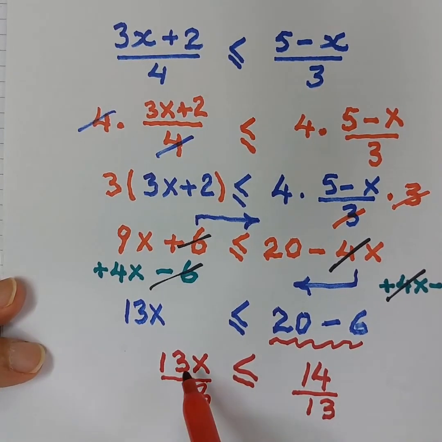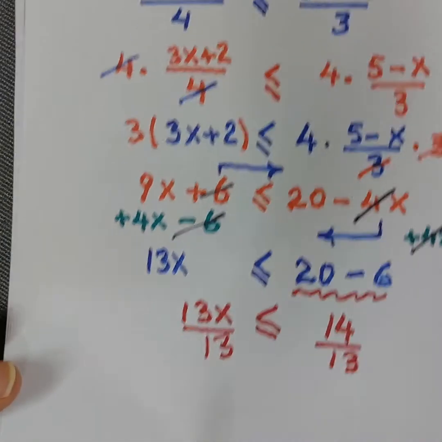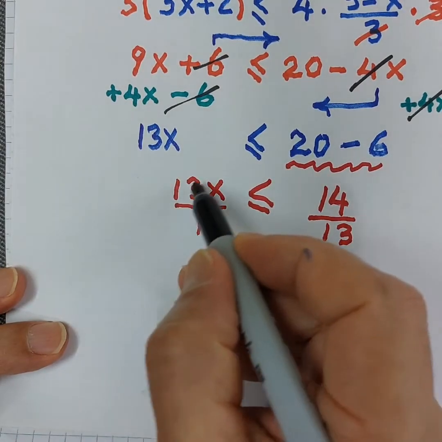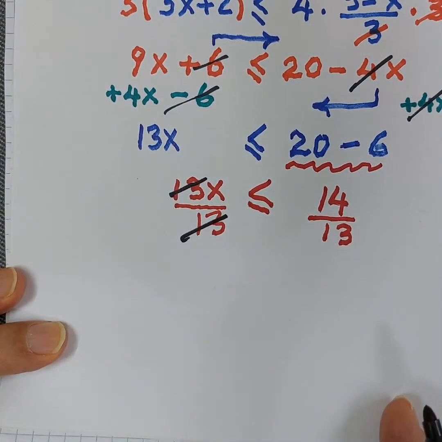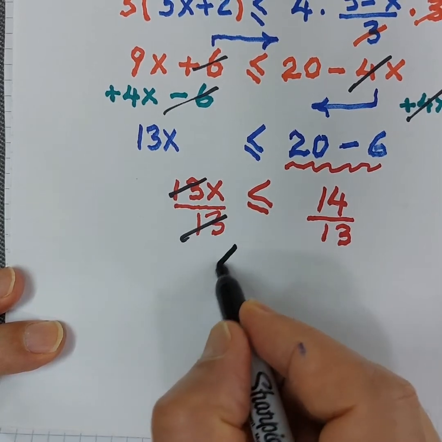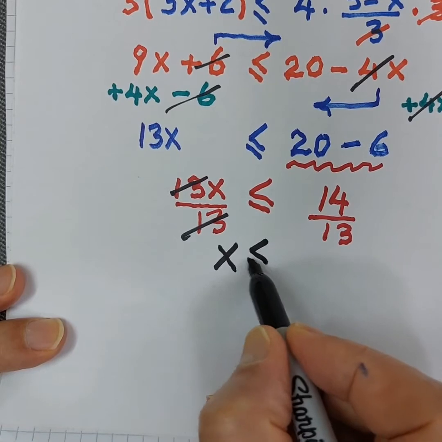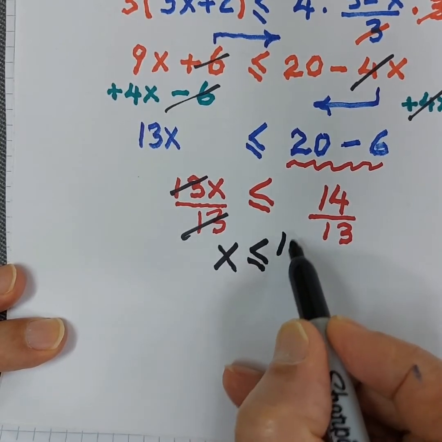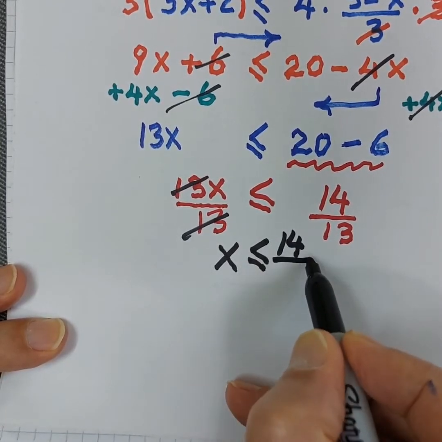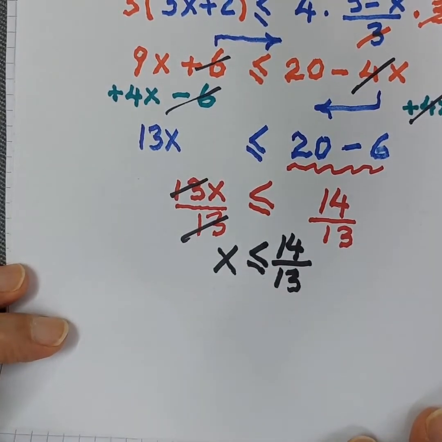This leads to only one x here because 13 will be cancelled with 13 here. So only x remains, is less than or equal to 14 over 13. 14 over 13 means 1 and 1 over 13.